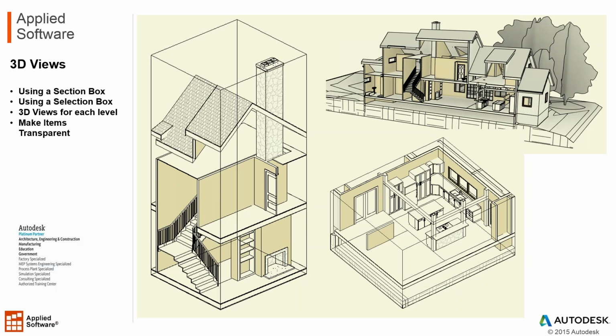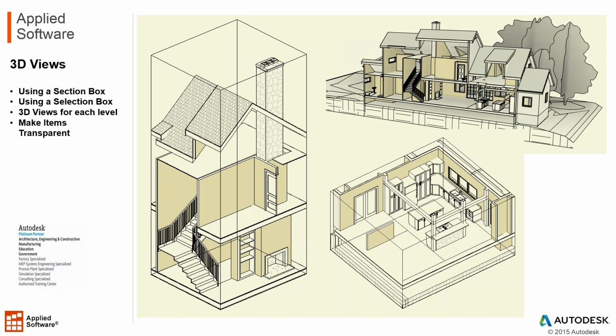All right, 3D views. We can do all kinds of things with 3D views. One of the most powerful things I think inside of Revit is the ability to turn on what's called a section box. And this section box will allow us to start cropping the view down to create a 3D sectional view in there. And so we can create sectional views around anything we want.